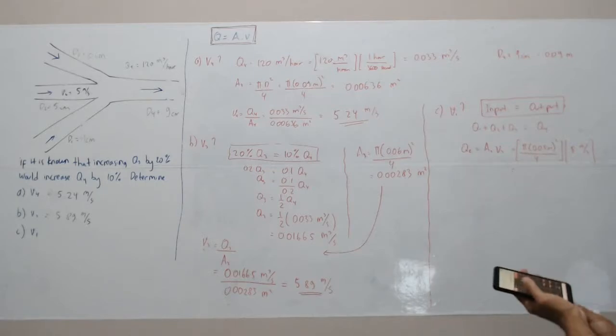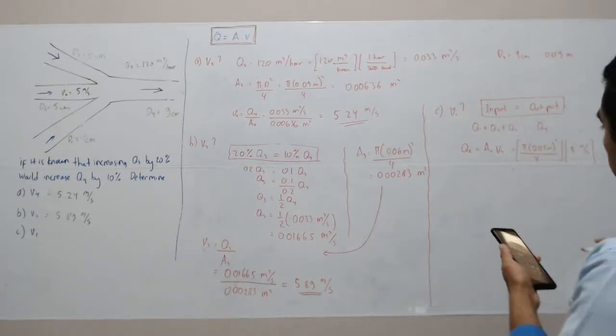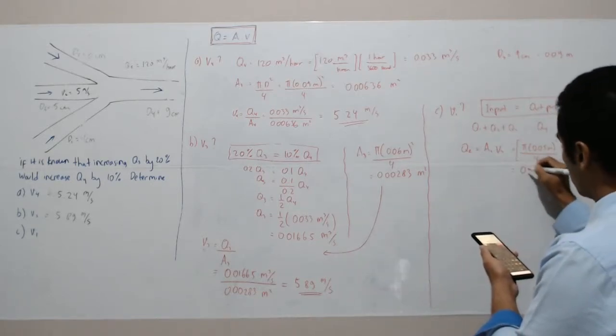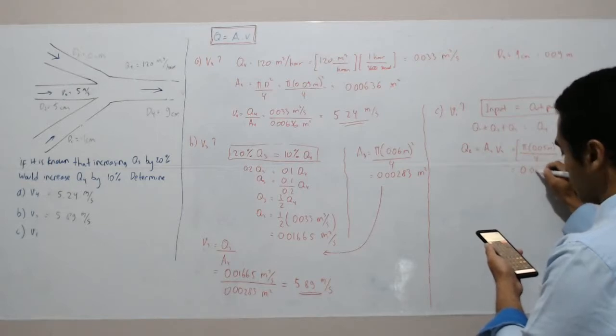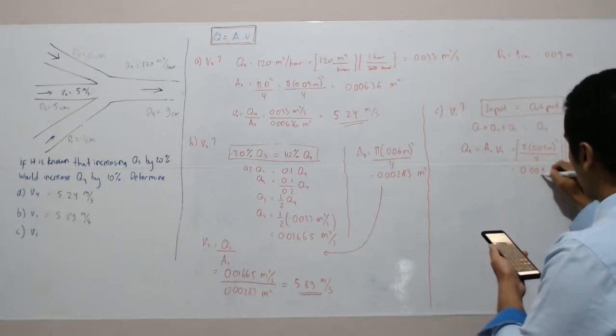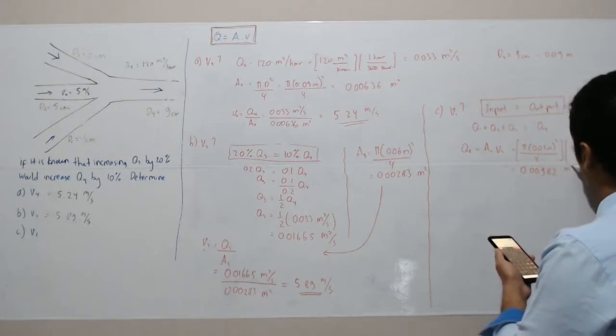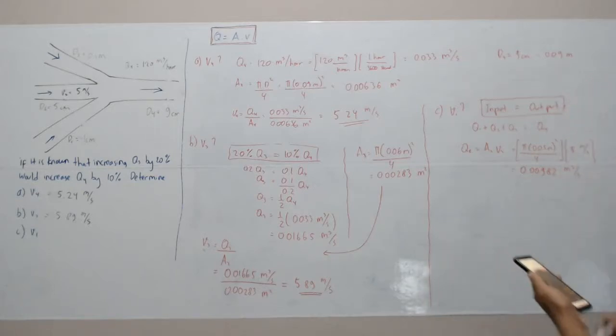So the volumetric flow rate for the second pipe is 0.00982 cubic meter per second.